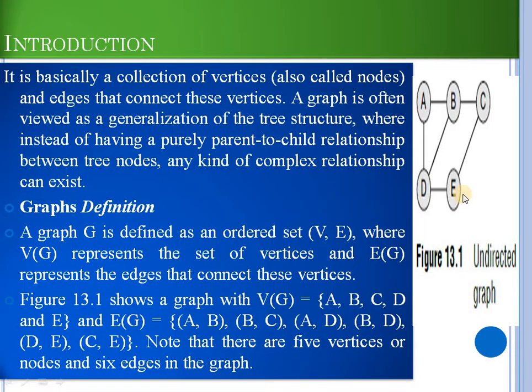In this figure V of G contains the vertices A, B, C, D, E, and E of G, the edge set of graph G, is the A to B edge, B to C edge, A to D edge, B to D edge, D to E edge, E to C edge. These are the set of edges, that is E of G.